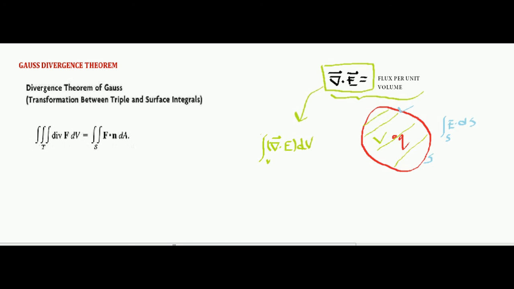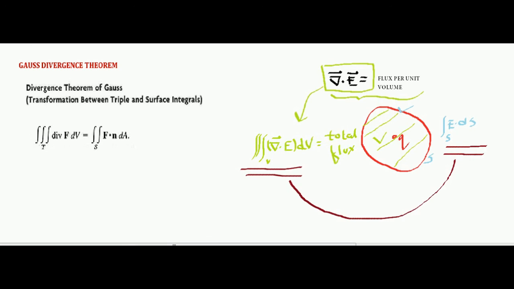Now the volume integral is actually a triple integral. So what is this quantity? This quantity is my total flux. So if this quantity is my total flux and this quantity is also my total flux, then these two quantities must be related.